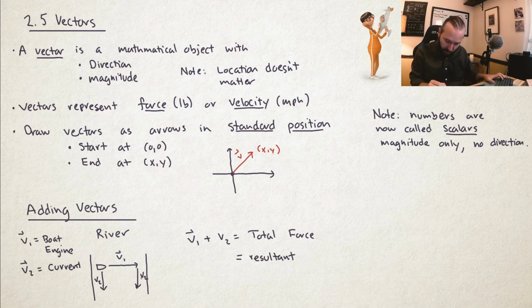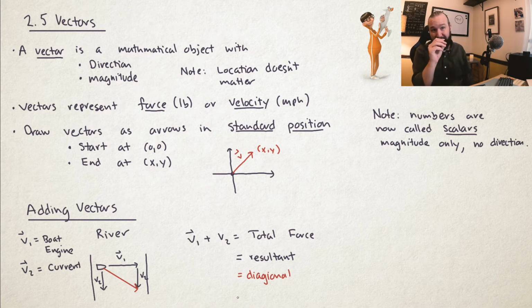And then you find the new resultant force by connecting the diagonal. These two make a little box, a parallelogram. And right here, this red arrow represents the resultant force. So that's actually the force on the boat. And this is true. If you drive straight across the river and the water's pushing you down, you don't go straight across the river, right? You go at a sort of diagonal down the river. So that's where we get these rules from.